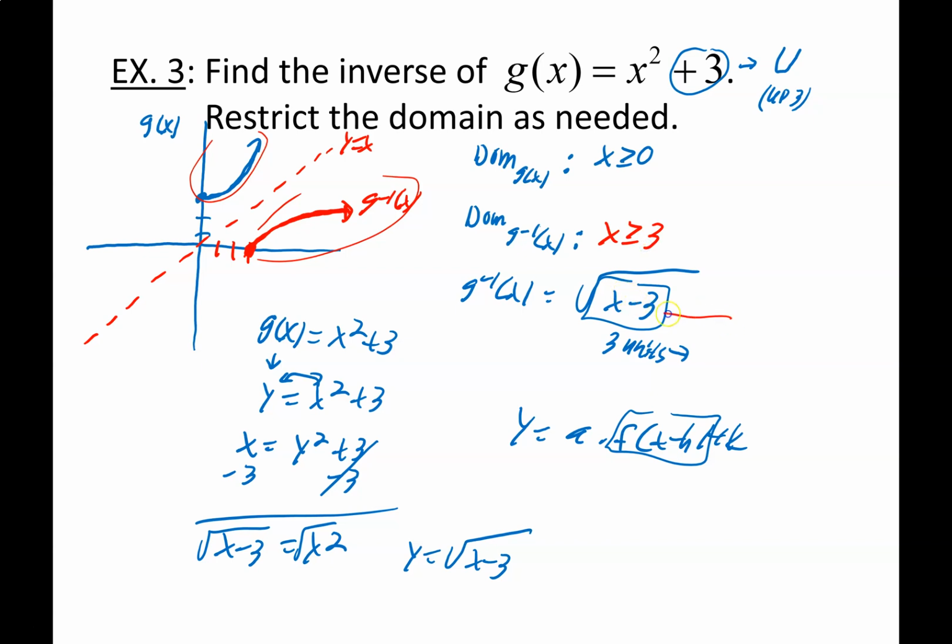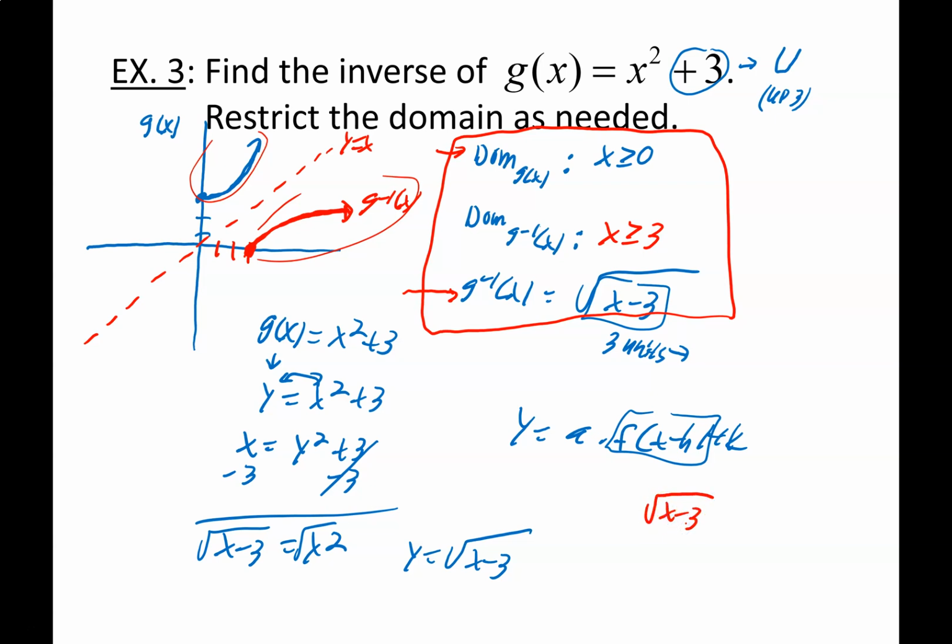So this is what I want your answers to look like. Does g of x need any restrictions to make it one-to-one? If so, list them. Find your inverse, and then does your inverse need any restrictions? Remember we talked about this in the last lesson, the operations.